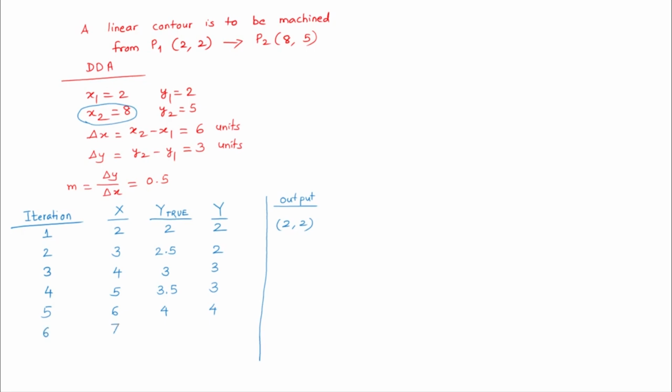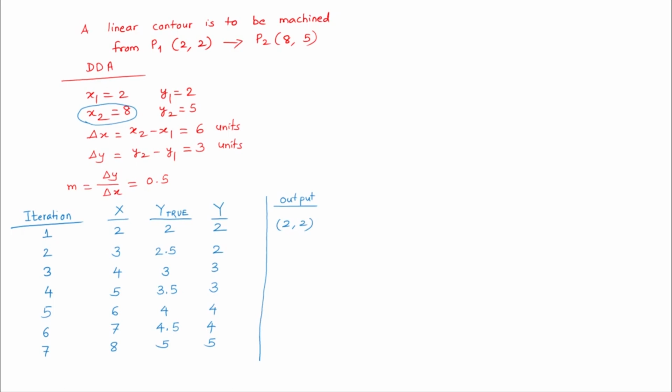So here X would be changed to 7, Y true would be 4.5, and Y will be 4. 7 is less than 8, so we need to go for the next iteration as well. So here 8, and now 4.5 would be changed to 5, and this would be 5 itself.